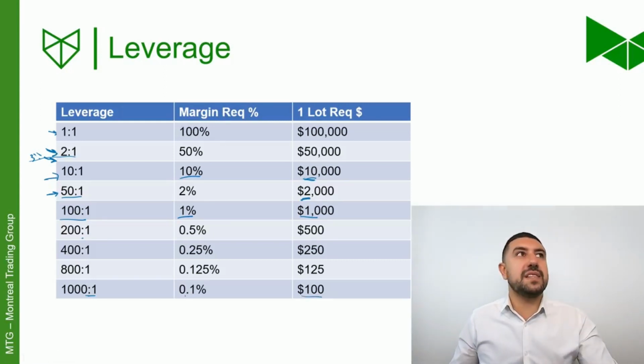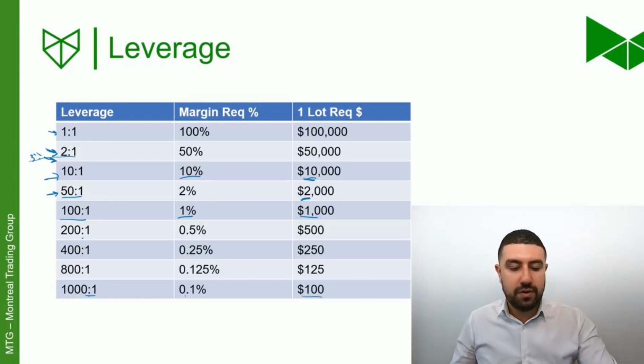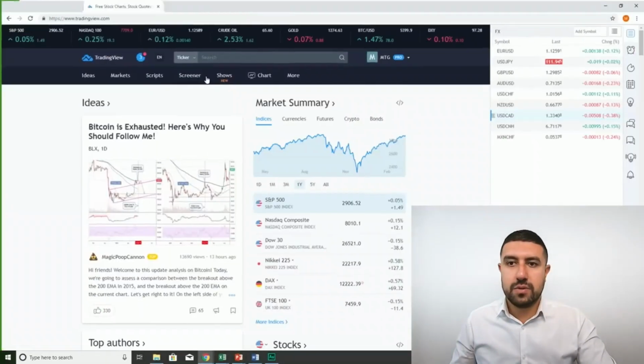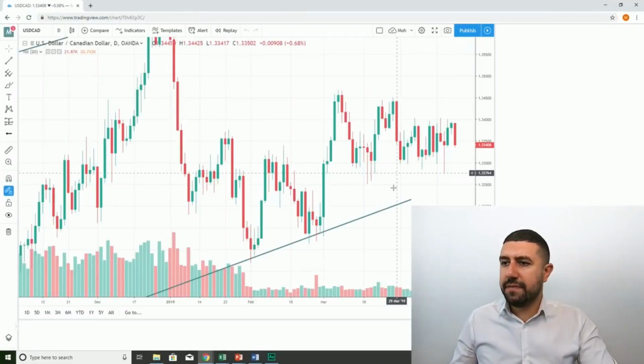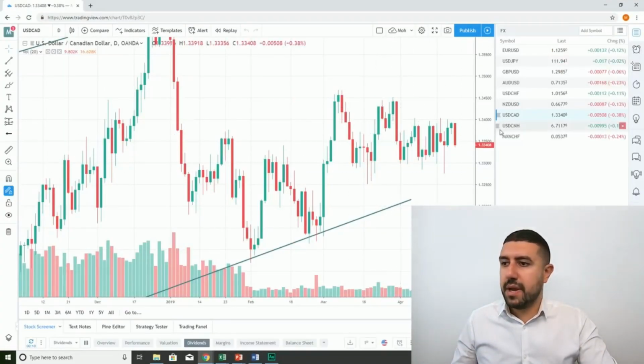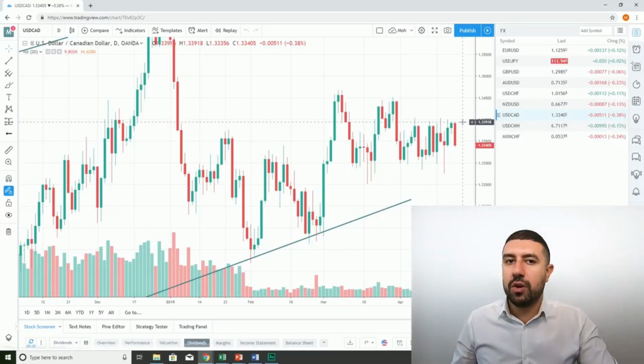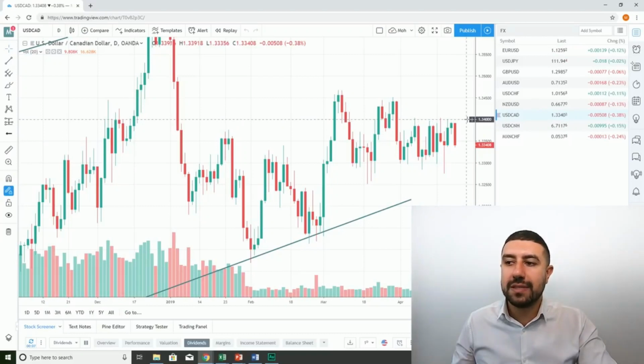And for this to make sense, imagine this. I'll go here on Trading View real quick. Here we go. If we were looking at the same currency here, USD CAD, if you put up $100 and use 1,000-to-1 leverage, meaning you get $100,000 so you can buy 1 lot, we've already talked about how 1 lot in this case would make you $10 per pip.